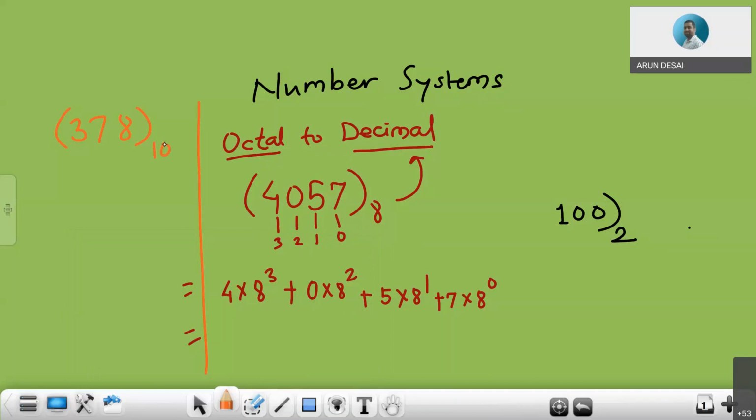Convert it to octal. How to convert a decimal number into octal? Yes, tell me. Exactly. Divide by 8. Yes, exactly. Double method.